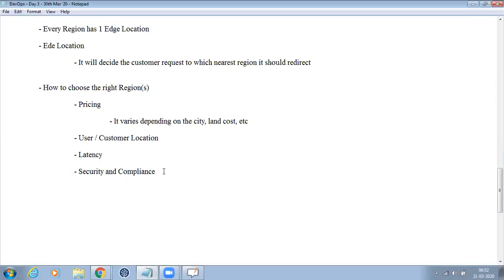Similarly, if it is in a remote location, then we don't want to use the services. We choose some other application or product from some other vendor, because no one wants to compromise on security no matter what. If you are giving your application for the cheapest price, but there is a security vulnerability, no one wants to use that, right?